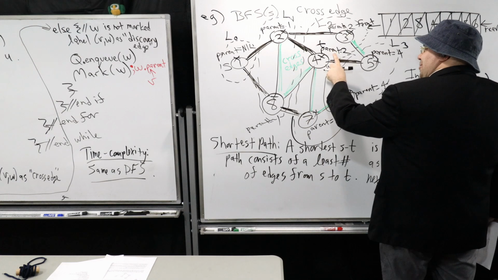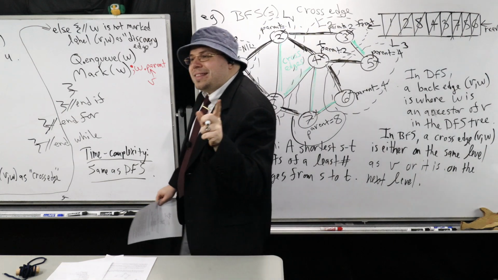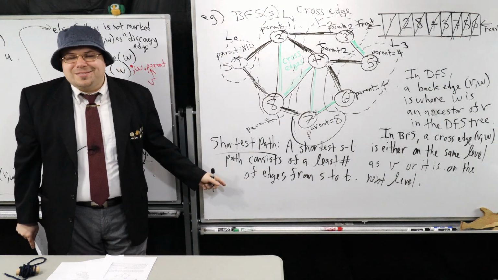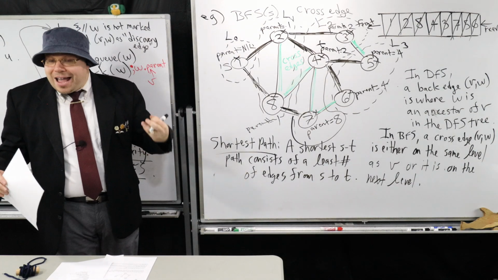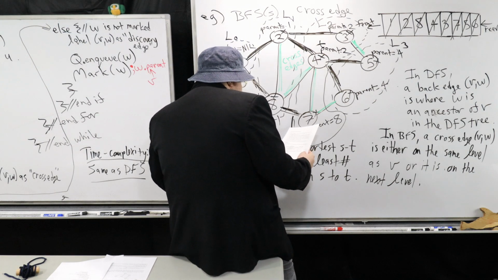I could just say, okay, go to 2, then go to 1, and there's my path. But this is the thing, BFS computes these. So that's one advantage that BFS has that I want you to know about.